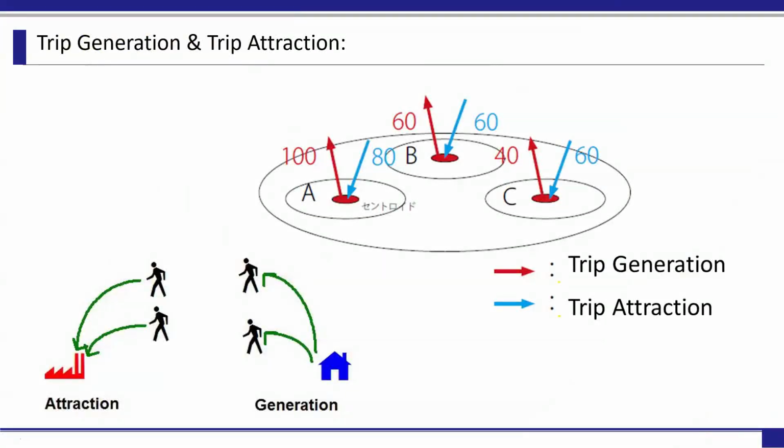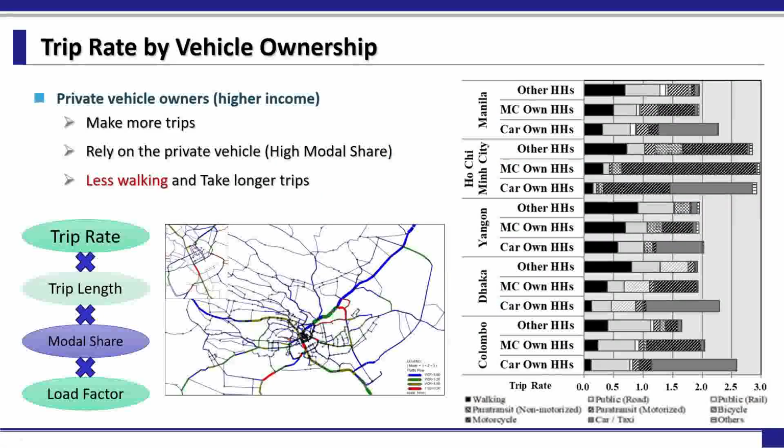Trip generation and attraction. From these pages, I will explain about trip generation, trip distribution, and trip attraction. First of all, trip generation is developed by the people. We need to consider the character, the trip ratio, meaning the number of trips made by the people, by the population.